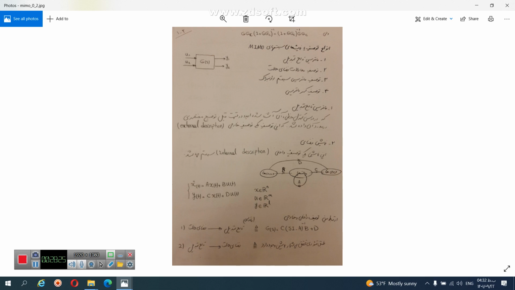One state space, one transfer function. One transfer function, infinity state spaces. Finding a state space for a transfer function, we call it realization.